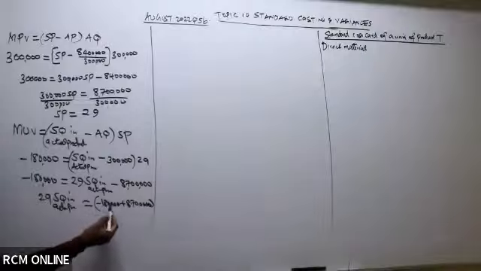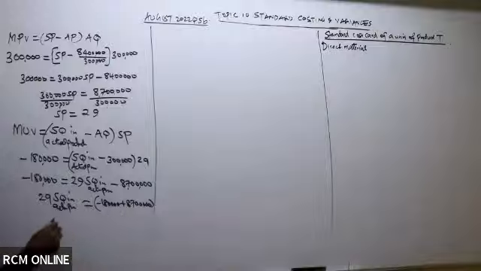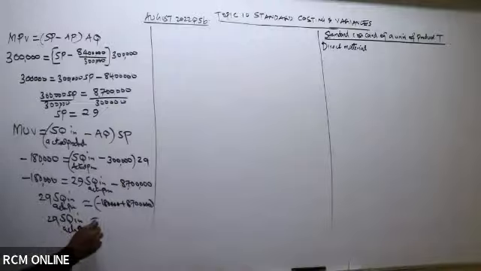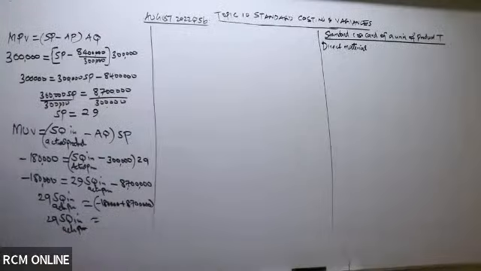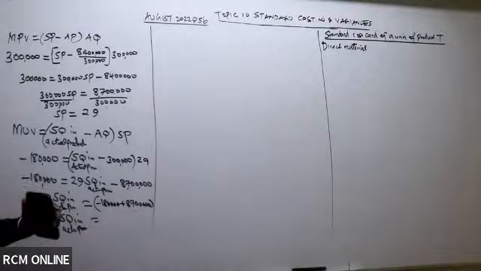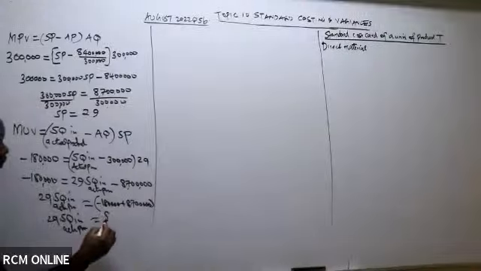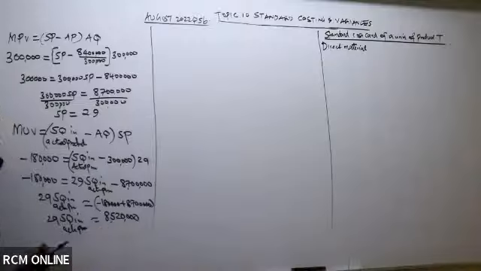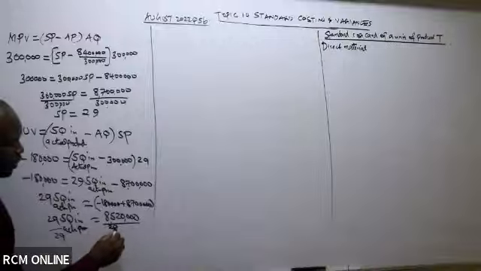Can you get the difference here very fast? 29 times standard quantity in actual production is equal to the figure. What are we getting? 8,520,000. So we want to get the standard quantity in actual production. Divide both sides by 29. What are you getting?